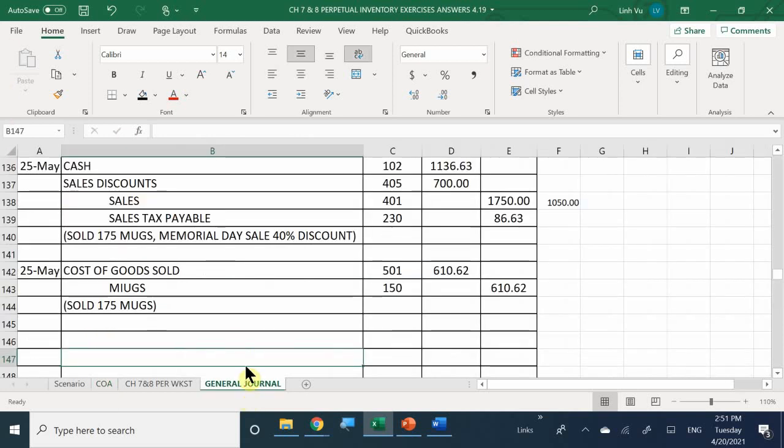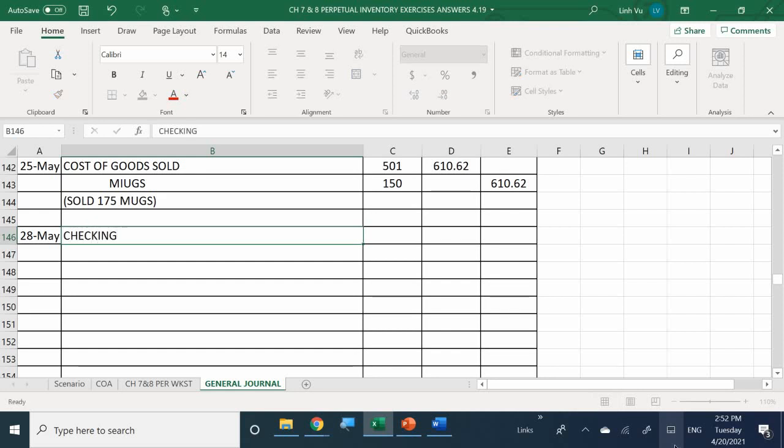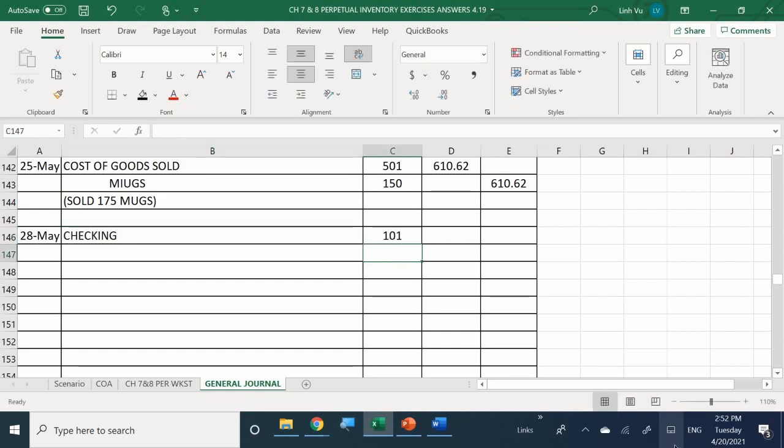That's the first thing we have to recognize: on May 28th, this customer C paid with the Visa credit card, so it should go directly to our checking account. What else do we need to recognize?